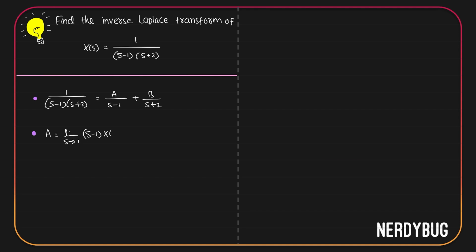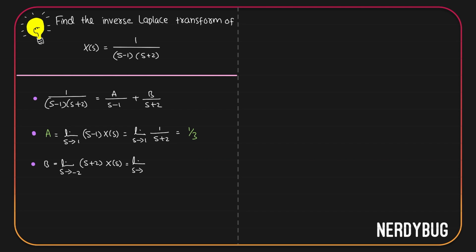S minus 1 multiplied by x of s. So limit s tends to 1, x of s multiplied by s minus 1 is 1 by s plus 2. Giving s equal to 1, this is equal to 1 by 3. Now let's find out b. B will be equal to limit s tends to the pole corresponding to b is minus 2. So s tends to minus 2, s plus 2 multiplied by x of s.